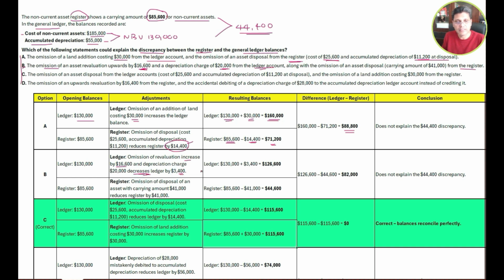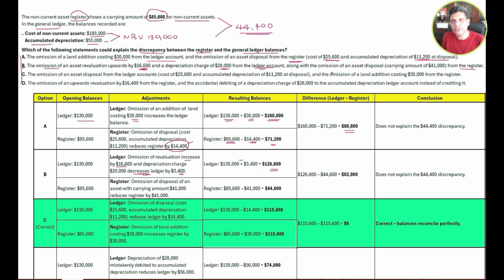That will decrease the ledger balance by 3,400, so that will be 126,600.